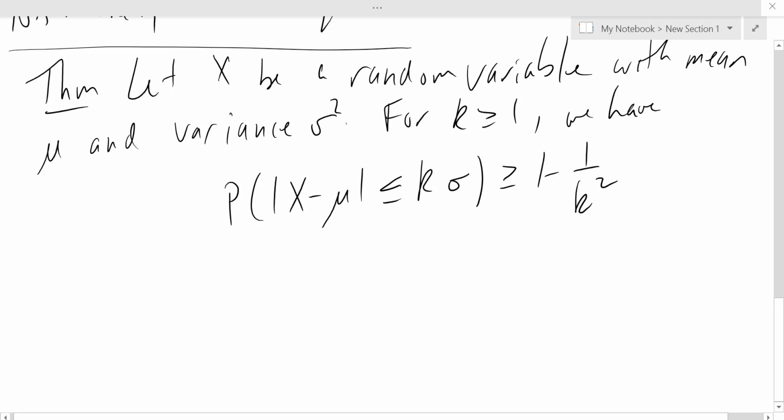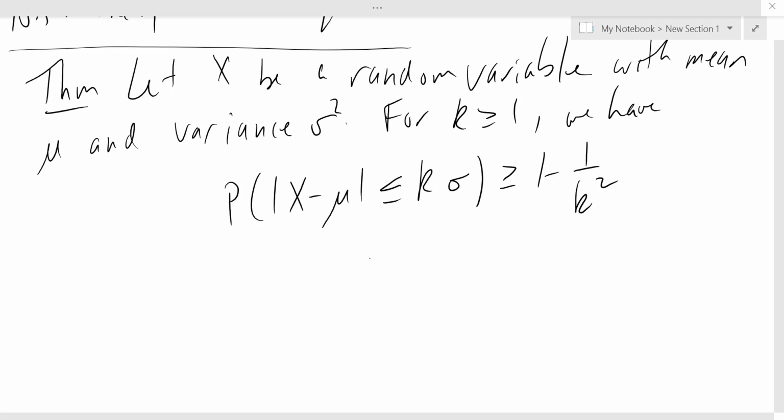Anyway, in particular, this is giving you an idea of the spread of any distribution. So k times sigma is counting standard deviations. What Chebyshev's inequality says is that the probability that a data point is within 1 standard deviation of the mean is greater than 0, which we already knew. But the probability that any data point for any distribution is within 2 standard deviations is at least 75%, because k would be 2 in that case, so you'd have 1 minus a quarter.